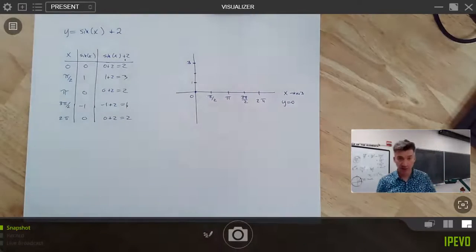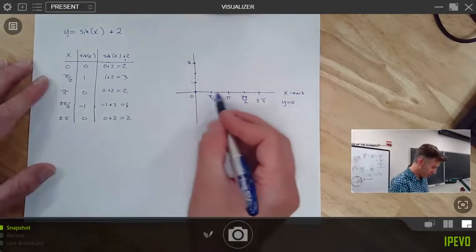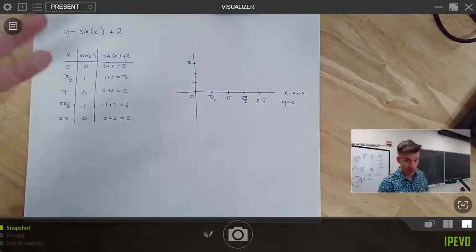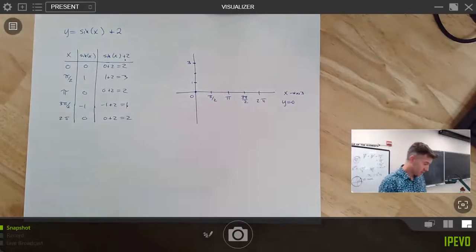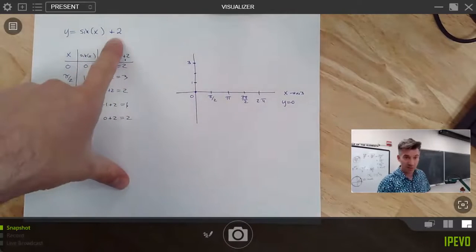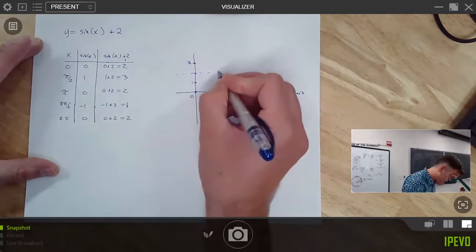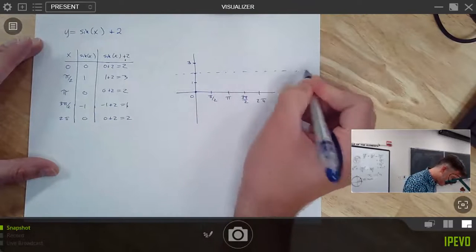If you're living on the x-axis, you're living on y equals 0, because no matter where you are on this, the y coordinate is 0. So I'm going to think about how the x-axis shifts. Well, I'm adding 2 to everything, so I'm going to shift this up to y equals 2.